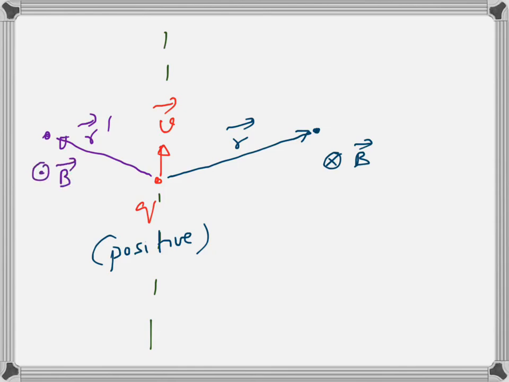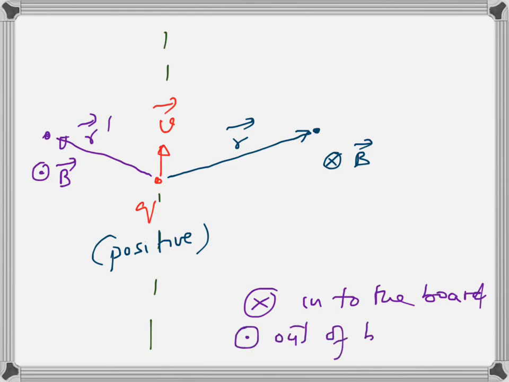Notice the way I am showing the direction: a circle with a cross means into the board, into the page if you write this in your book. A circle with a dot means out of the board. This is a very convenient way of showing direction when you are working in 3D.